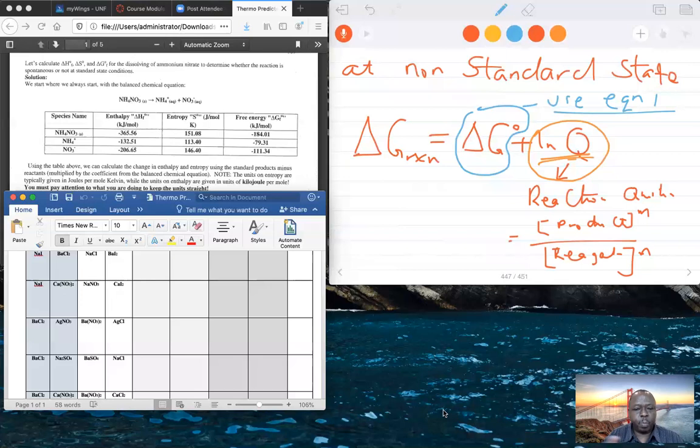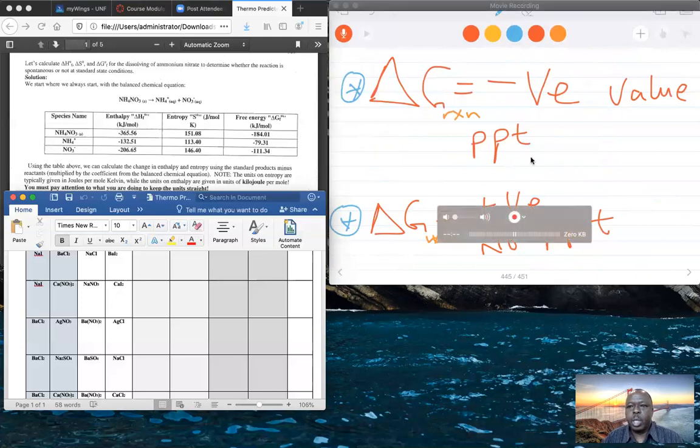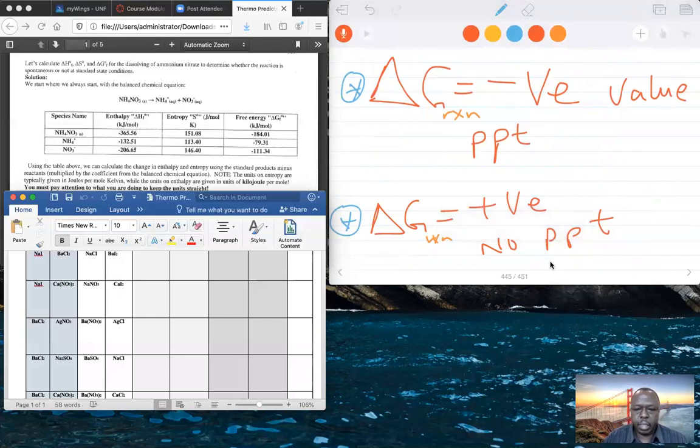When we talk about spontaneous or non-spontaneous, maybe I should have used that term here. There will be no spontaneous formation of a precipitate. Positive delta G is non-spontaneous.